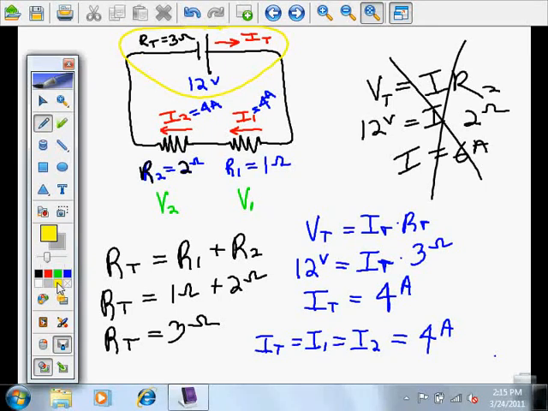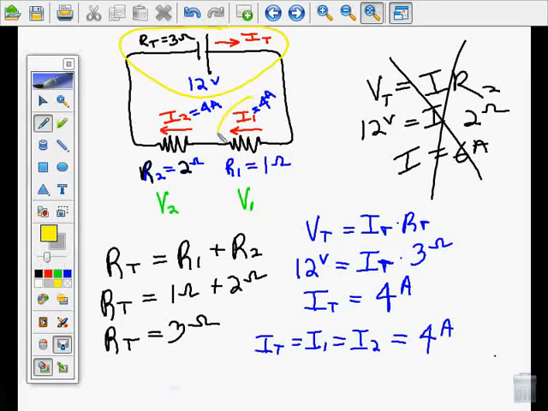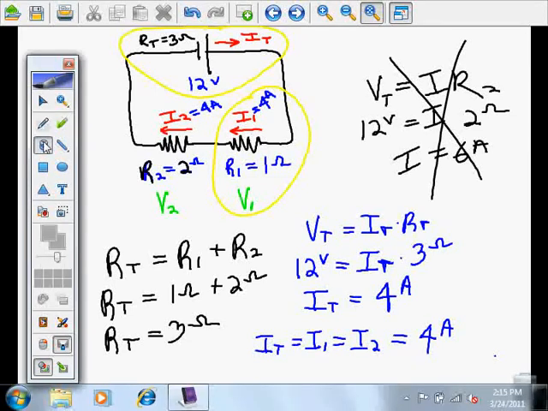And then once again, once you have a device where you have 2 out of the 3, what does that shout out to do? Ohm's law.